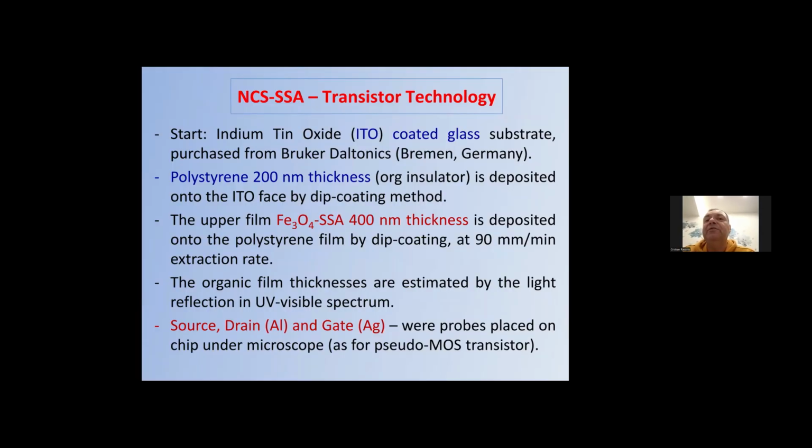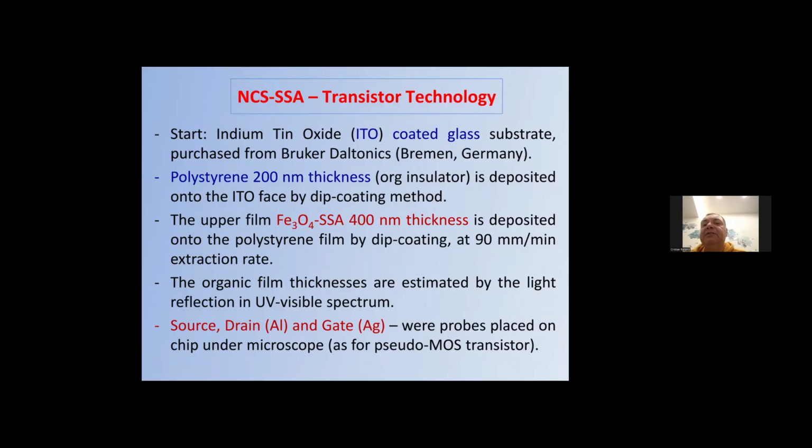Then the solution of ferrite sulfosalicylic acid was deposited as an upper film, 400 nanometer thickness being the optimum thickness, onto this polystyrene film by dip coating using a 90 millimeters per minute extraction rate. The organic film thicknesses are estimated by light reflection in the ultraviolet visible spectrum.